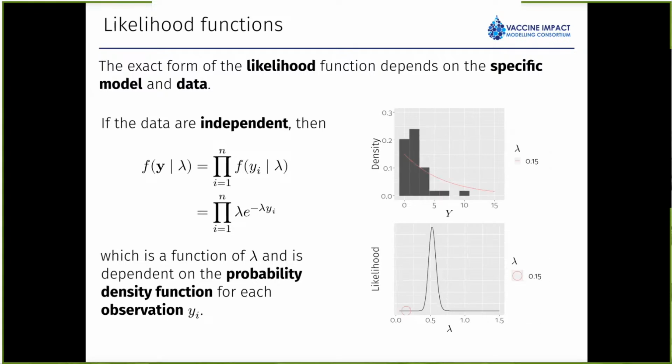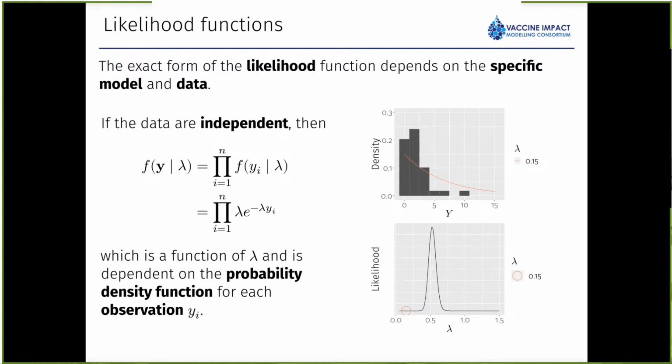So just to illustrate that, along the x-axis are different values of lambda, and along the y-axis is the likelihood. What you can see is that if I choose different values of lambda, the likelihood changes. If I choose a value of lambda down here, that gives me this fitted curve, and this has a very low likelihood.